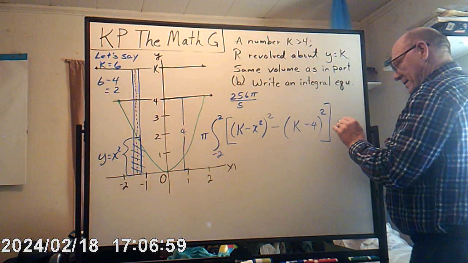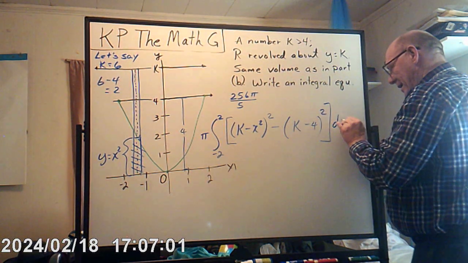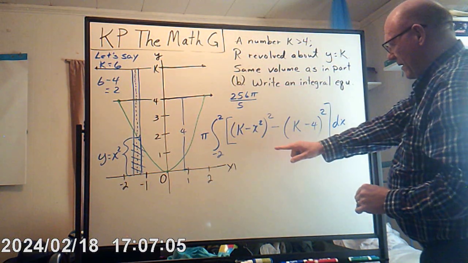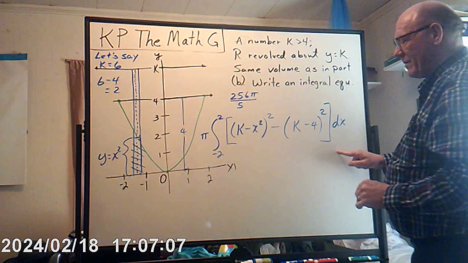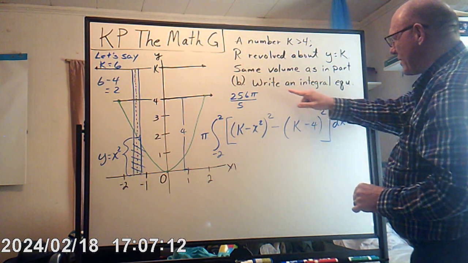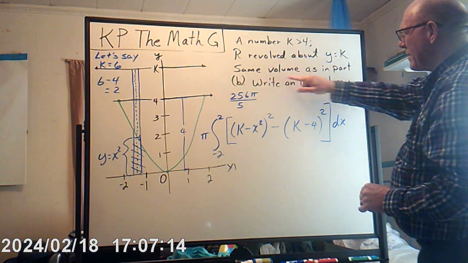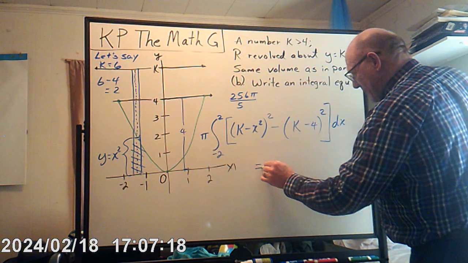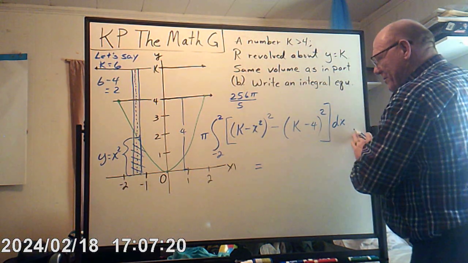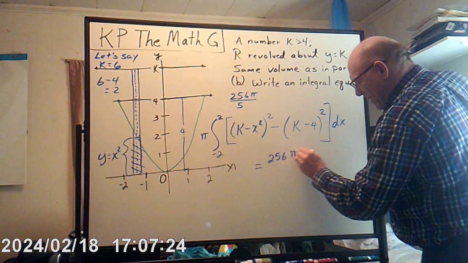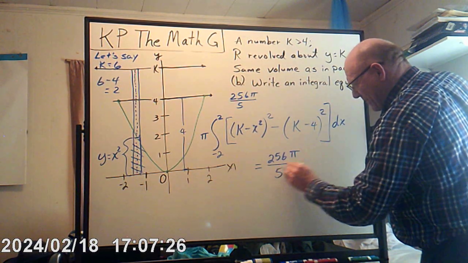Now, that is delta x. Now we've got to remember, it's an equation. Alright, this is not quite an equation. We've got it set up properly. But now, we've got to say it has the same volume. So now equals, I don't have room to put the equals here, 256 pi over 5.